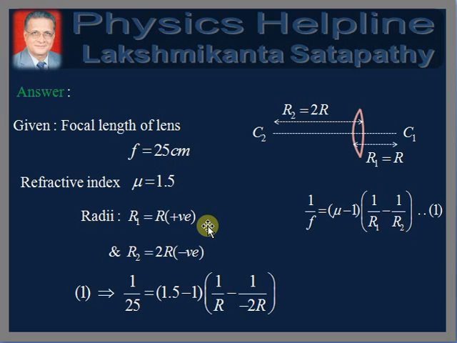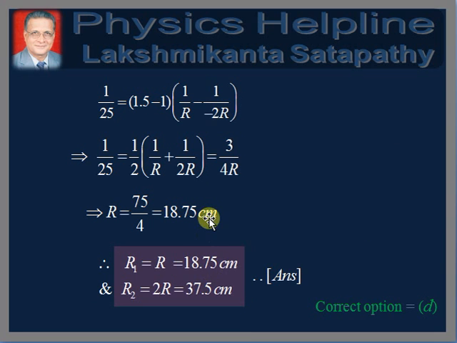Radius of curvature R1 is equal to R, which is positive, and R2 is equal to 2R, which is negative. Putting these values, we get 1 by 25 is equal to (1.5 minus 1) into (1 by R minus 1 by minus 2R). Now this minus and minus becomes plus. 1 by R plus 1 by 2R gives us 3 by 2R, into 1 by 2, which gives us 3 by 4R.